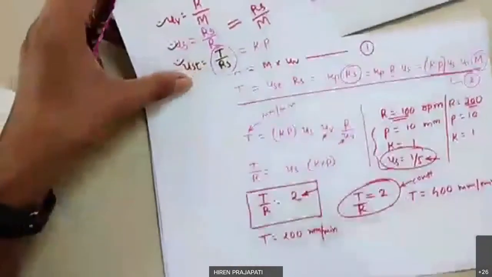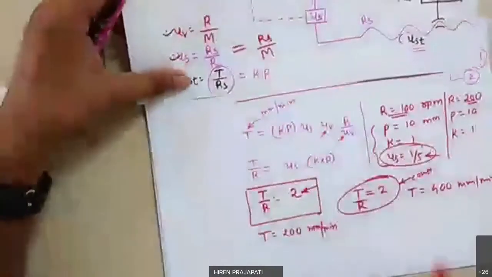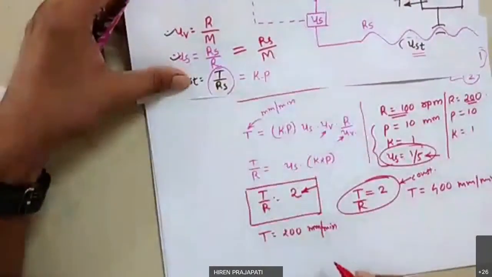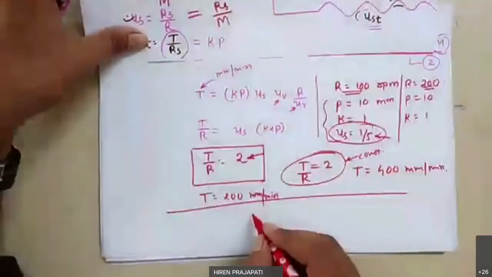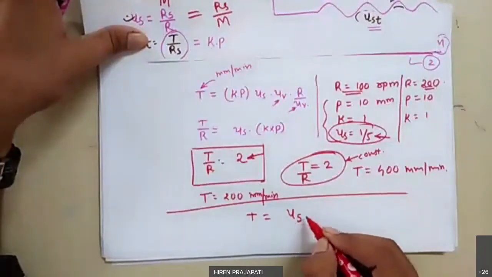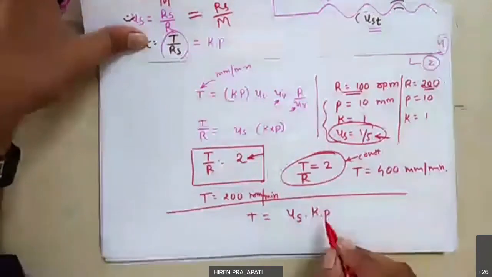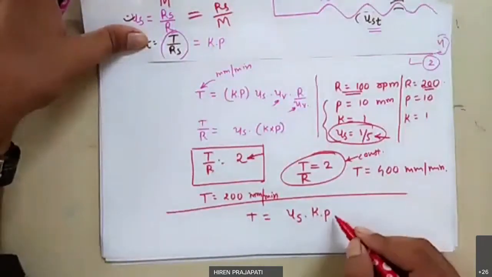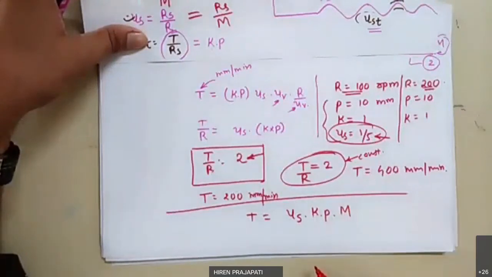So the same if I write for case 2, for this second case, when US is attached before UV, then what will be the equation of T? Then T becomes US into K into P. This is as it is, right? Into M, right?